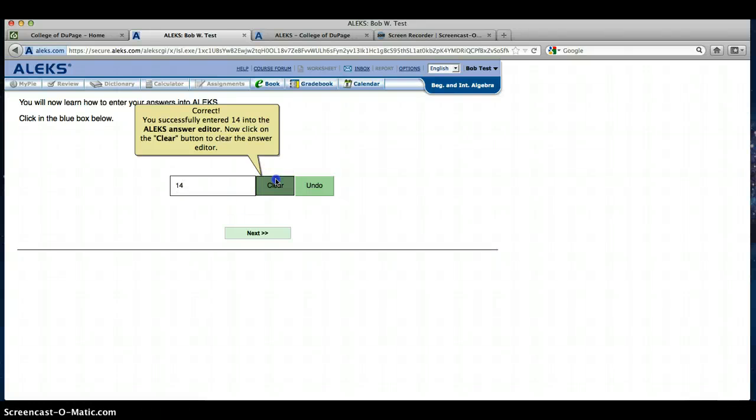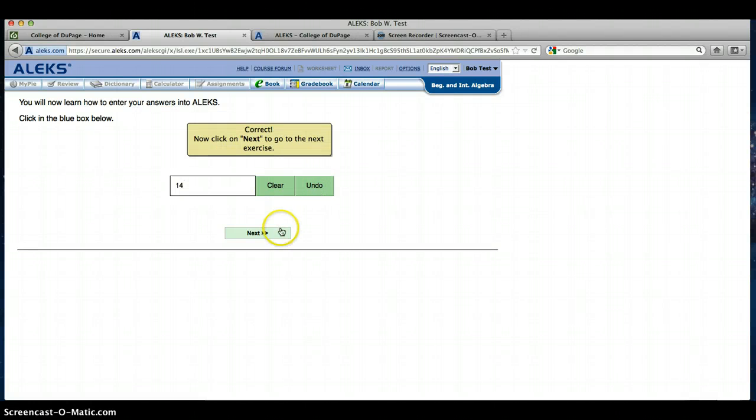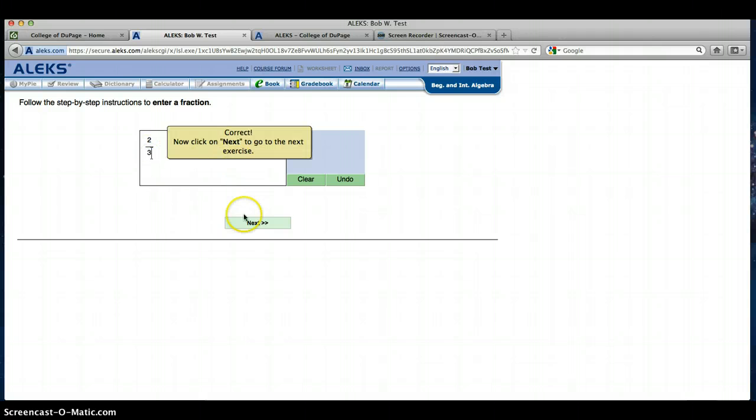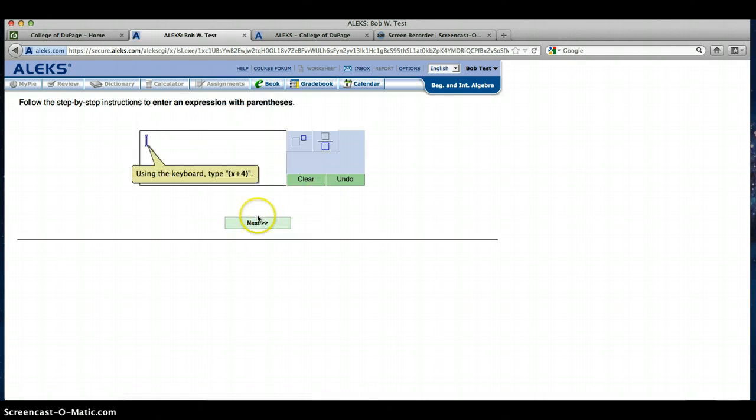Type in 14, hit clear. Hit undo. As we're learning how to interface with ALEKS, click on the fraction button, 2, click in the blue box, 3, x plus 4, click there. I guess I need parentheses. Exponent key, 2, click in the blue circle, plus 7. Click in the blue circle, hold down the mouse button.